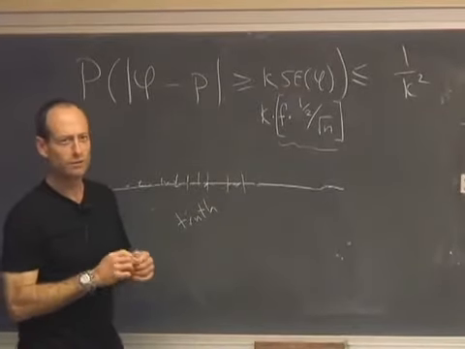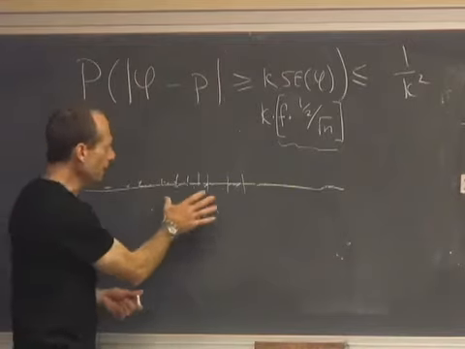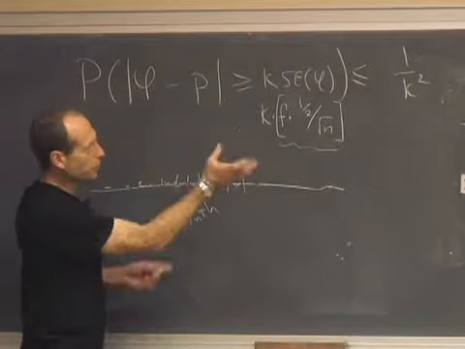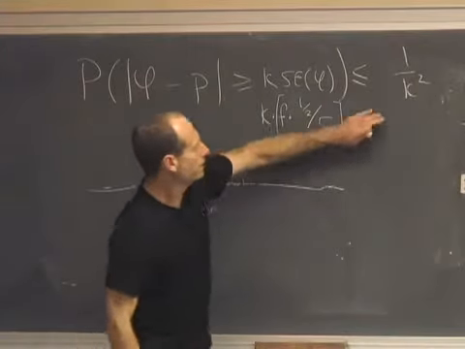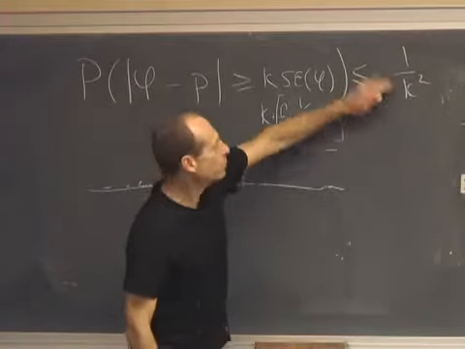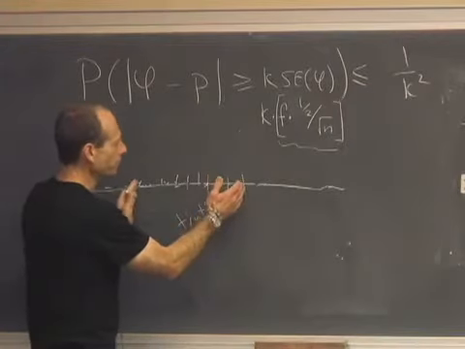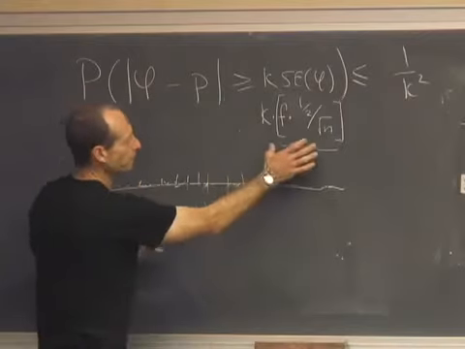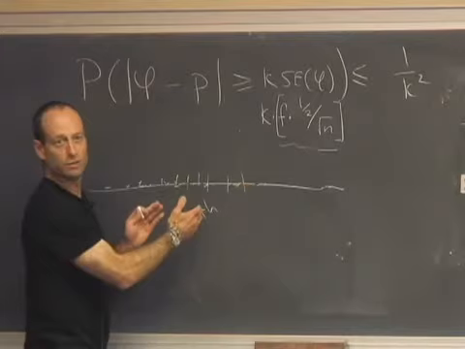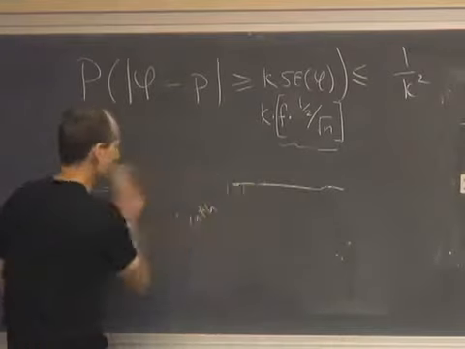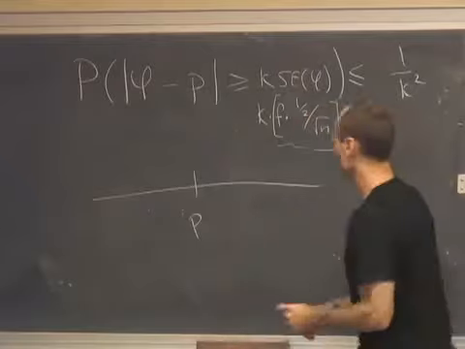Are we together, more or less? So if I put in a big value of k, like 3, then I know that at most 1/9 of the time, the sample percentage is going to be further than 3 times this away from the population percentage. Let's draw this again. Here's the population percentage p.